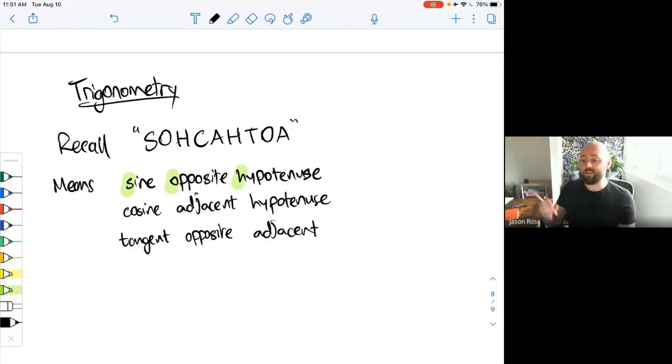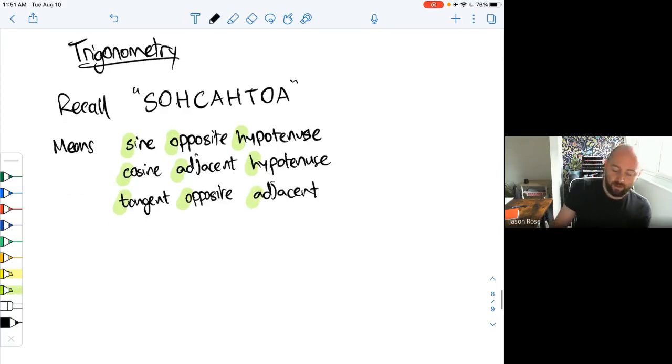So those are where the letters of that strange word SOHCAHTOA come from. And also what's going to be important for right angle trigonometry is Pythagoras' theorem, and we'll cover that in a second as well.